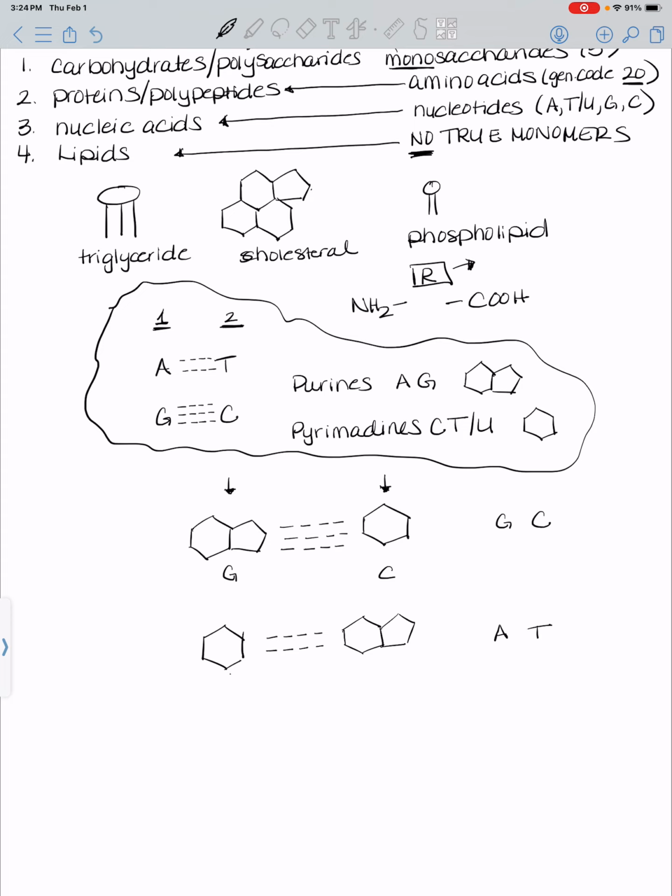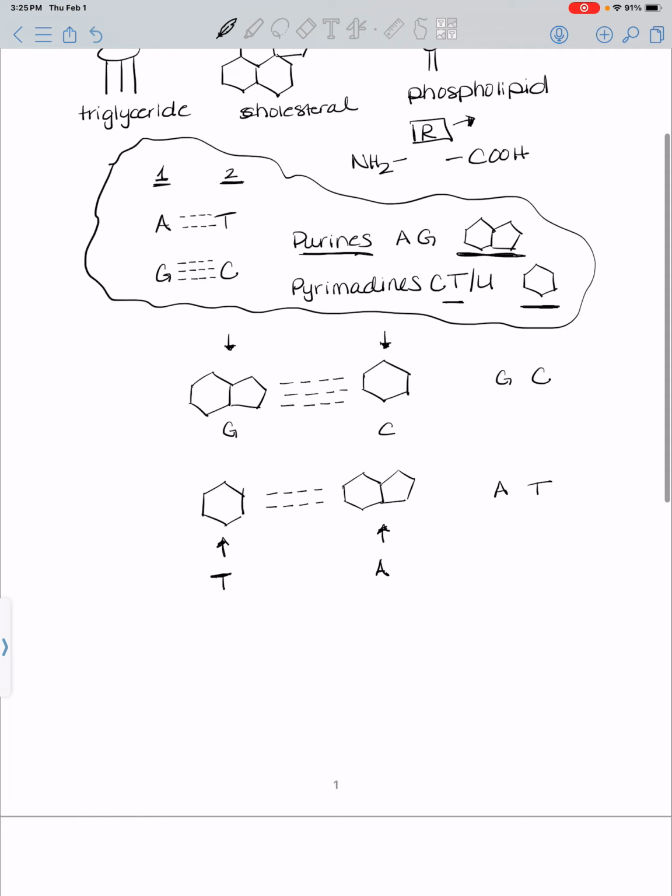Now we have to figure out which one of these nucleotides is adenine and which one's thymine. If I know that adenine is a purine, purines are the larger structure, I can say this one is adenine without a doubt. And then I can look at this, it's a single ring structure, and it has to be thymine over here.